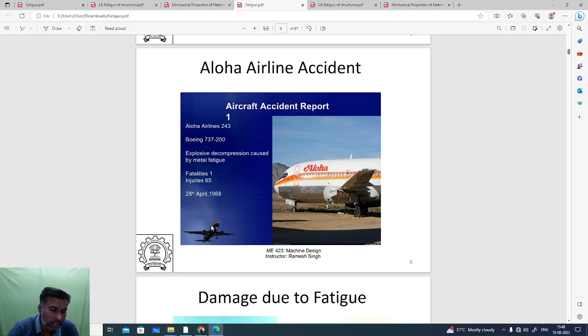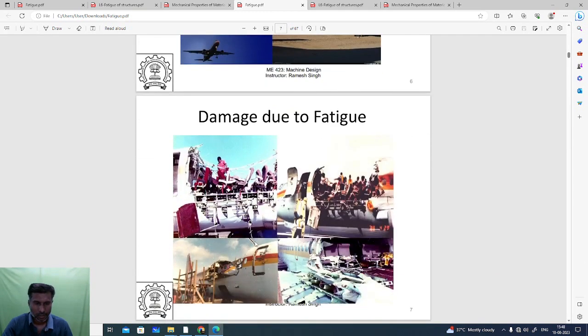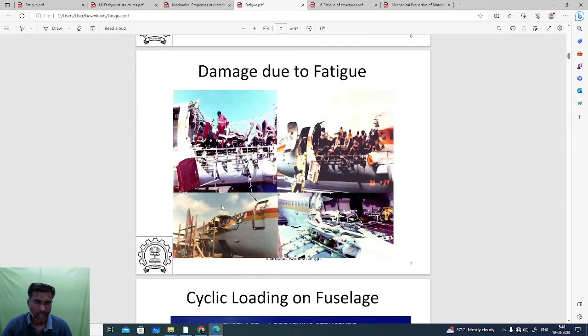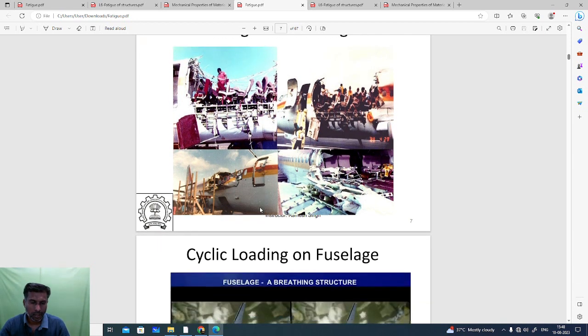That happened on 28th April 1988. Here is the damage to the flight due to fatigue. See the first one, then the second, the third, and the last one. So because of fatigue, there are many problems occurring in normal life.